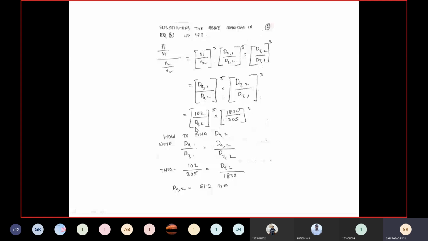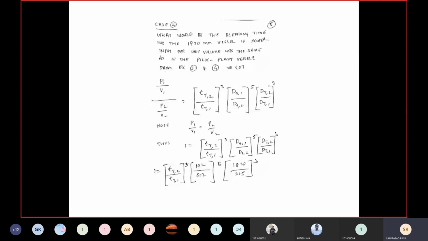What would be the blending time? He is asking the blending time in the large process vessel, which is 1830, with the power input per unit volume same as in the pilot plant vessel.